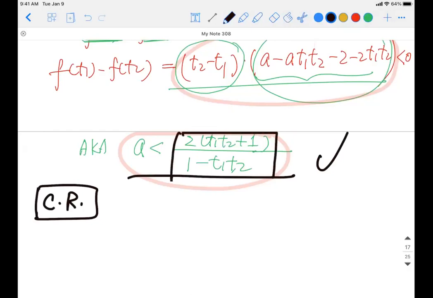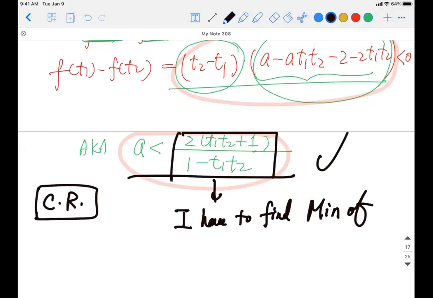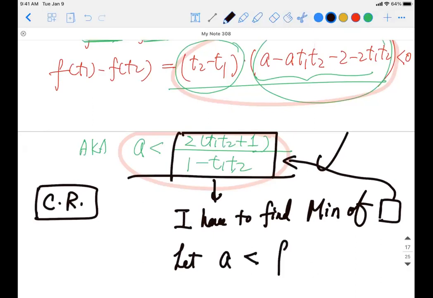Therefore, I have to find the minimum value of the black box here, and I just let a be lesser than this minimum value. And then that's it. Do you guys follow me?